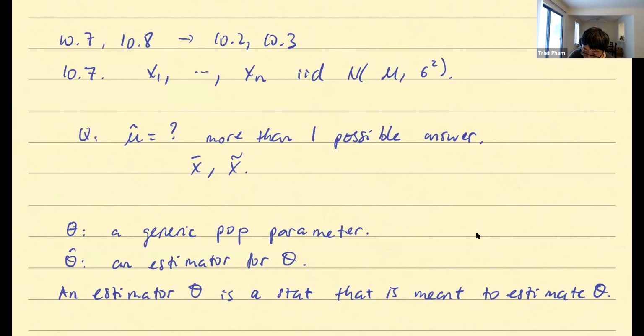For example, in this example we're looking at, another choice that I can make is X1. What is X1? X1 is the first value in my sample. I claim that X1 will be my estimate for mu.